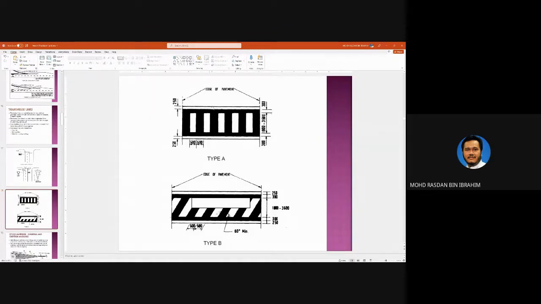That one normally we use yellow pavement marking. For the white pavement marking, this is the normal zebra crossing where it is not controlled by traffic light.